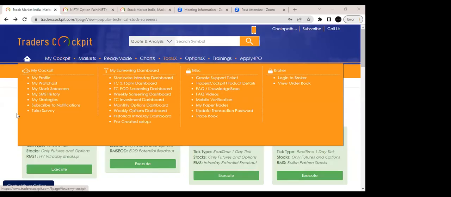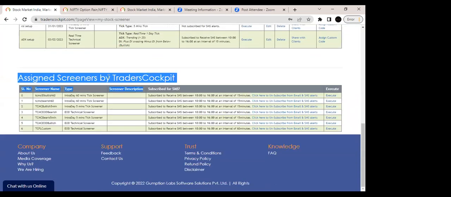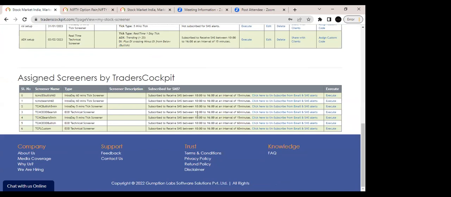As you can see, if you click on my stock scanners, we will assign you a custom scanner, inside setup, one custom scanner assigned by Traders Cockpit. You will get a custom scanner from our end after the annual subscription.